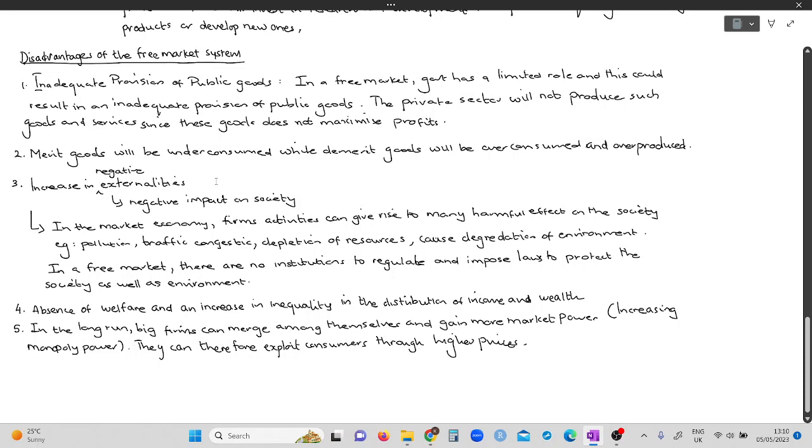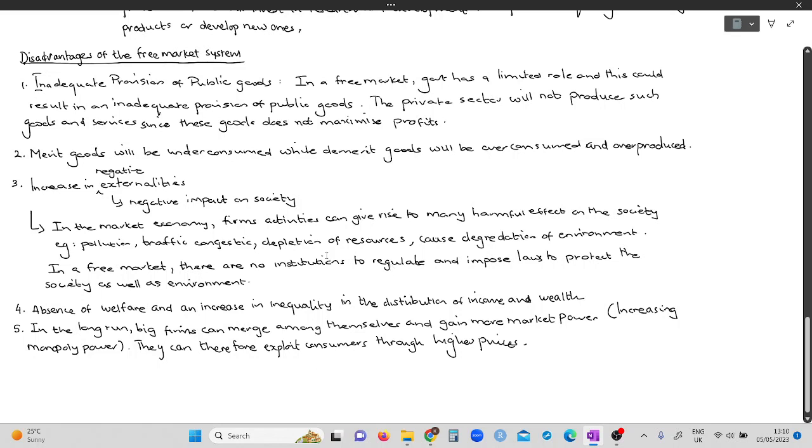Merit goods will be overconsumed and overproduced, while there will be laws to limit the consumption of demerit goods. Decrease in negative externalities, because when the government is controlling, there will be regulations and institutions to impose laws on those who cause harm to the environment.